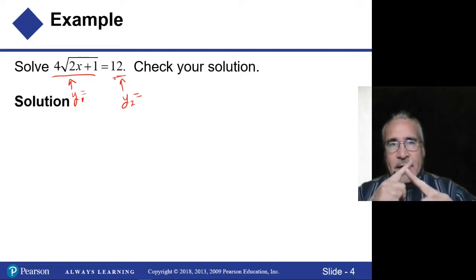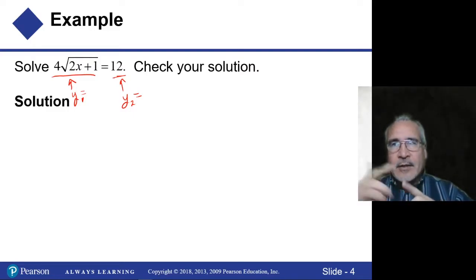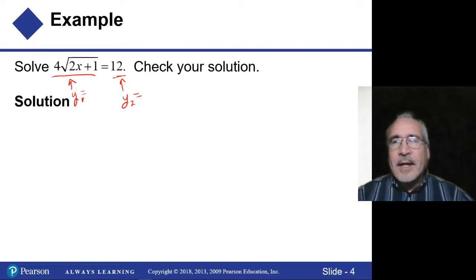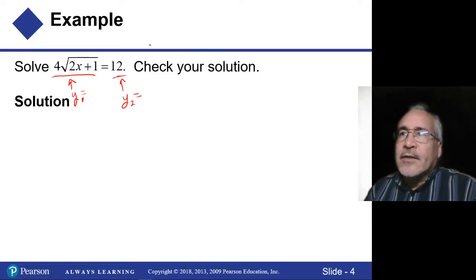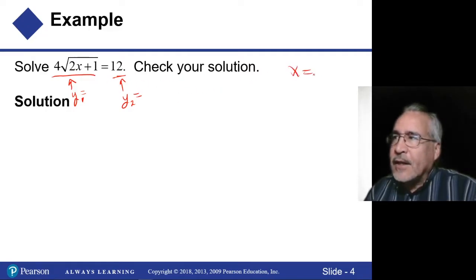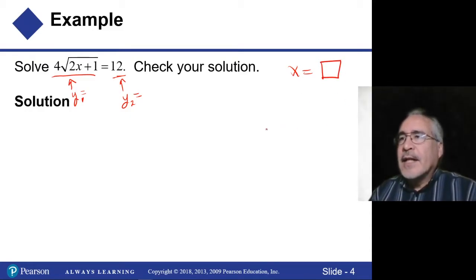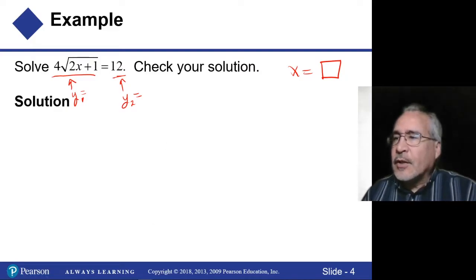The place where they intersect, the x value where they intersect, is the x value that we're solving for. Because remember, to solve means we take a bunch of math steps and we end up with x equals something, some number. That's what solving for x is. When we do it graphically, the place that they intersect, the x value of where they intersect, that is our solution. So I'm going to show you that right away.